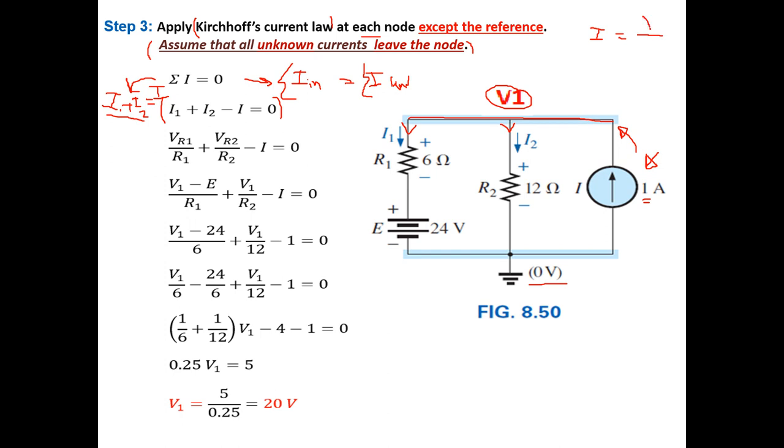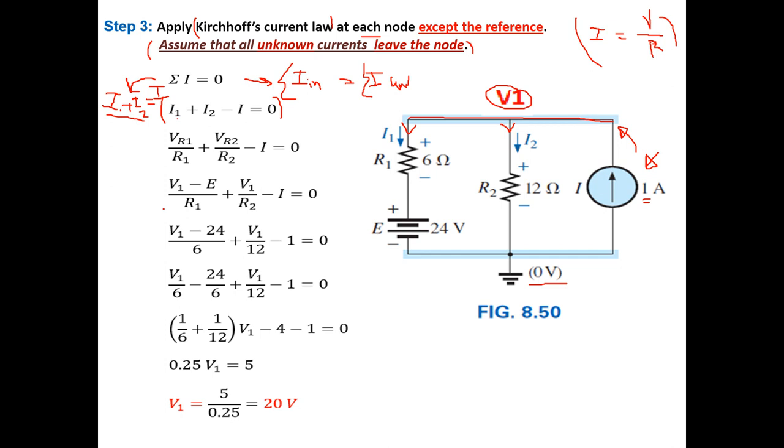I is equal to V over R. This is Ohm's law, yes or not? So the voltage over the resistance. So when you see I1, it means VR1, the voltage across this resistor divided by its resistance, plus I2, the voltage drop across resistor number 2 divided by its resistance, minus I, which is the source here, 1 ampere.